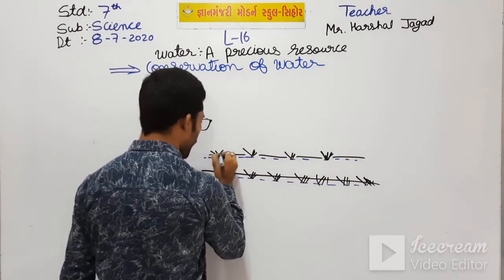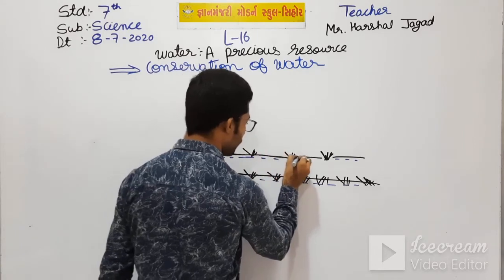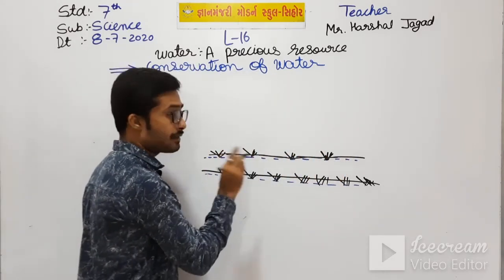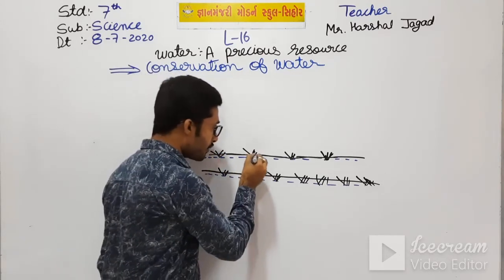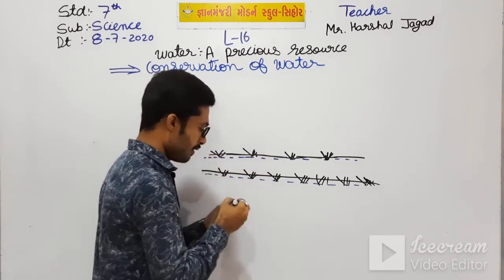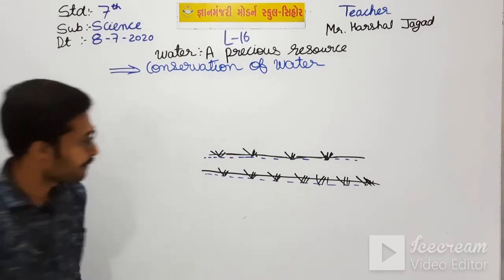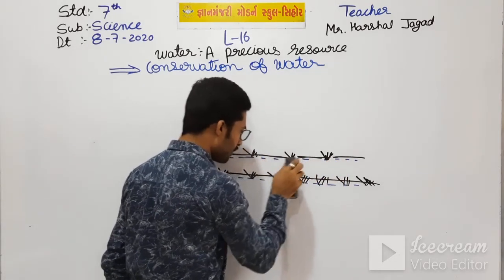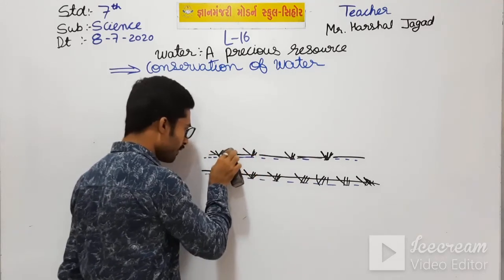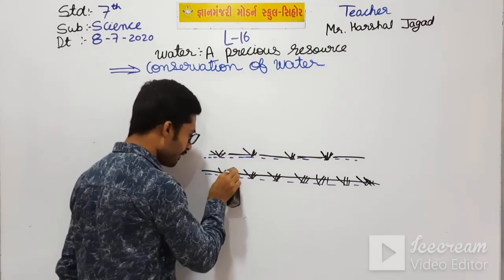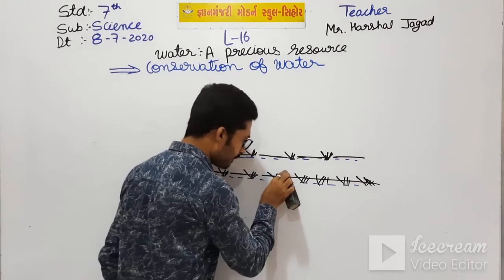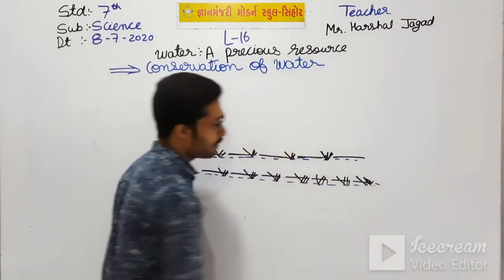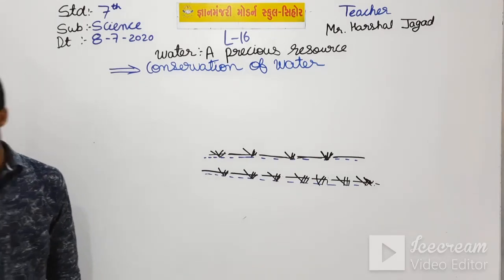Okay, students, where there is a plant, there is a small hole in the pipe.